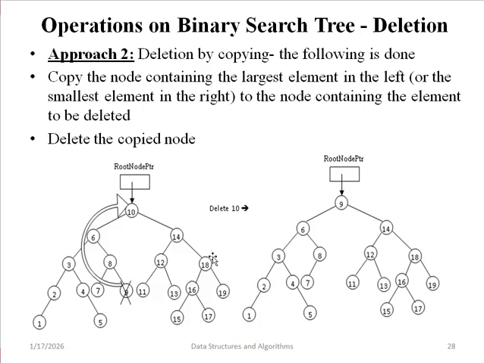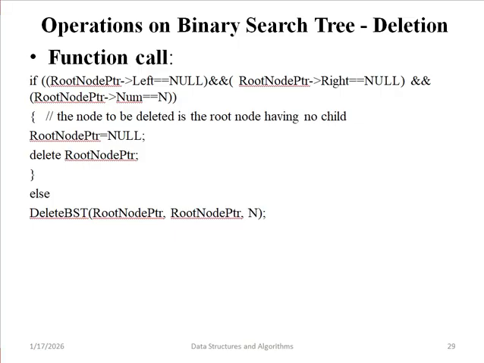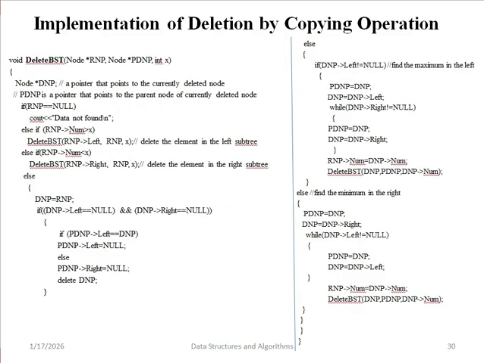When we are looking from the right wing, we should look for the smallest. For example, we can consider 11. 11 can be copied to 10, and we can remove 11. In that way we can remove the root node. So those are the delete operation functions, delete operation by copying.